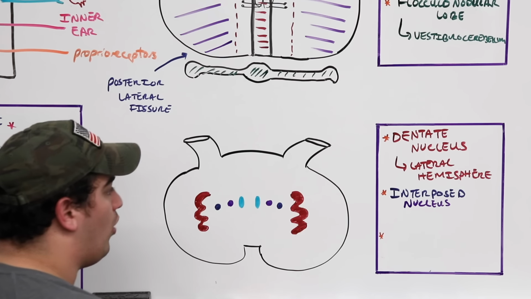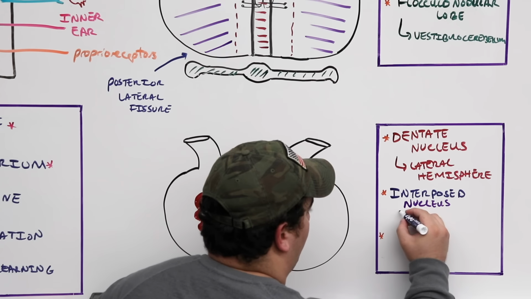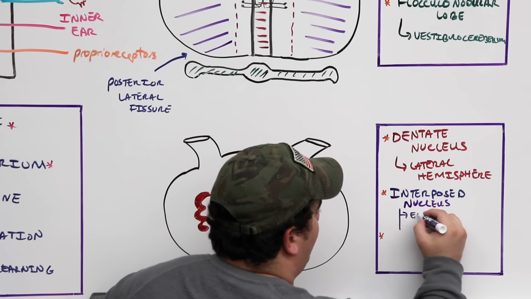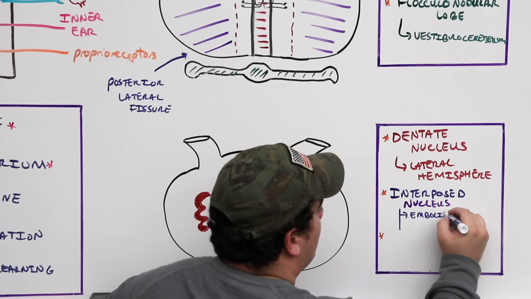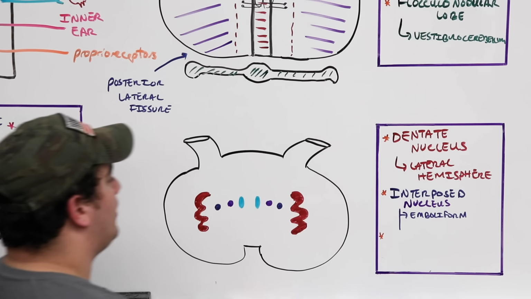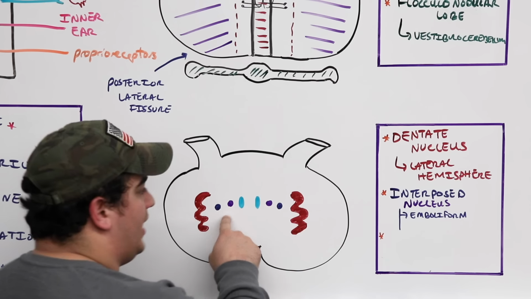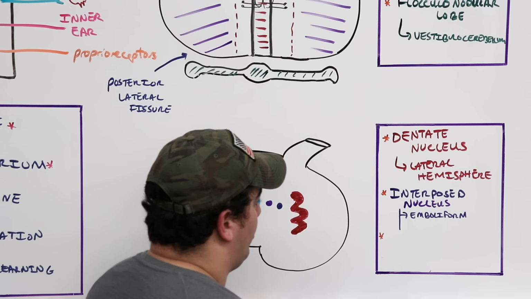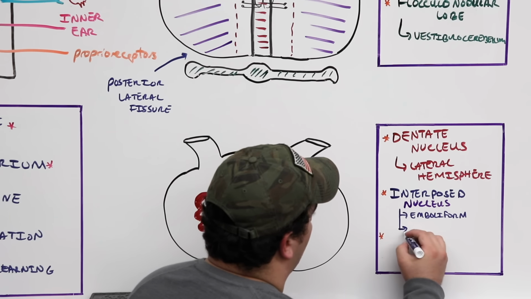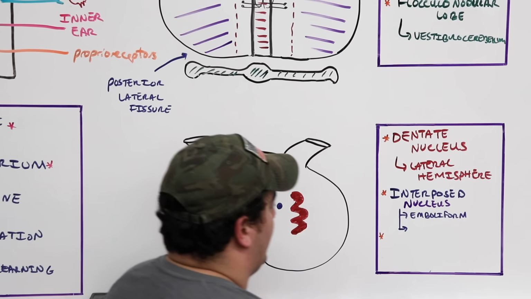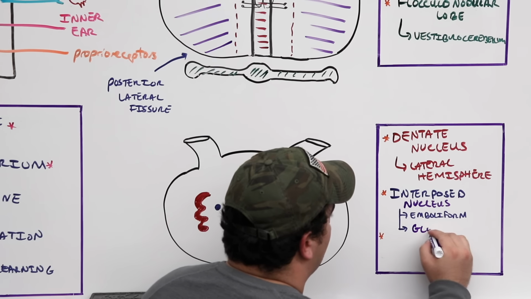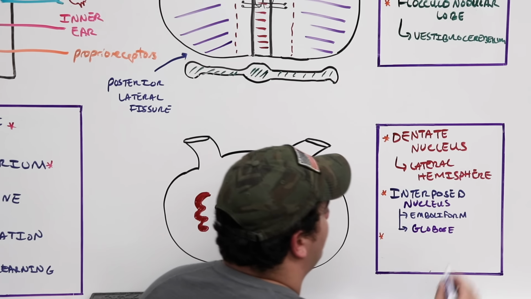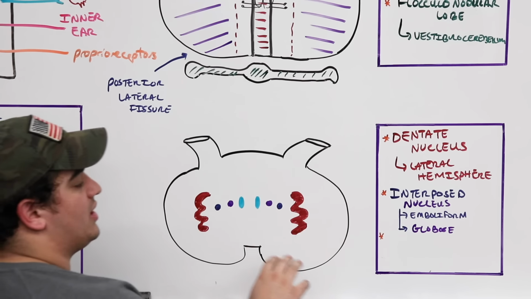Eat, this blue one, is the emboliform nucleus. So we have the emboliform nucleus. Don't eat greasy, globose. So this is going to be your globose nucleus. The globose nucleus and the emboliform nucleus make up collectively what we call the interposed nucleus.